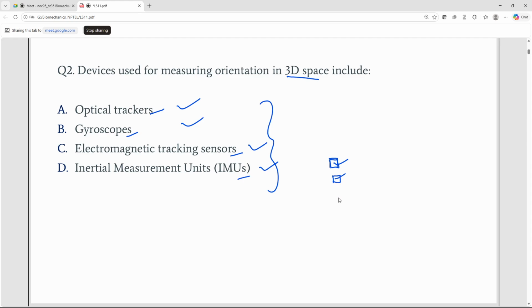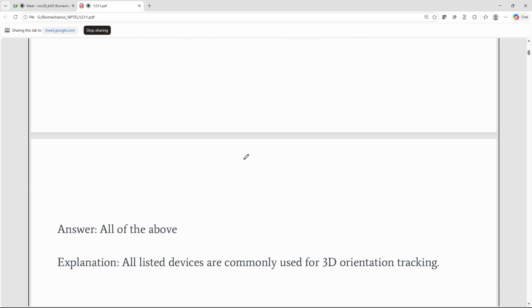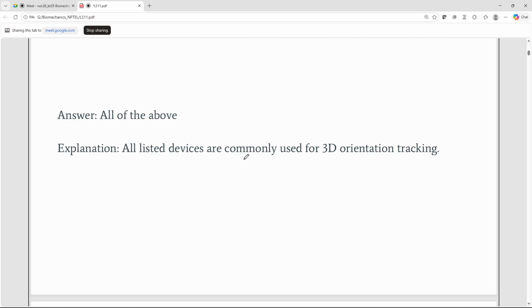If it is only selecting single answers, you will have circles, but that may not be correct all the time. I would suggest trying to click more than one option to check whether it is accepting more than one answer. The correct answer is all of the above. All four options can be used to measure 3D orientation.